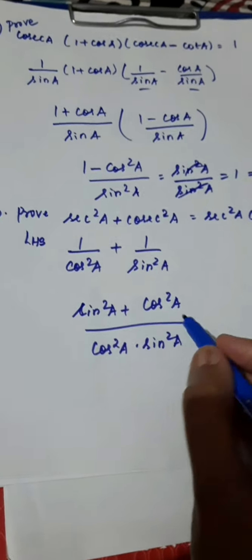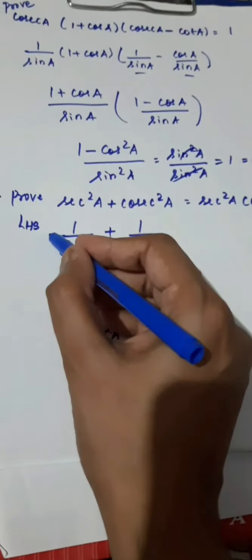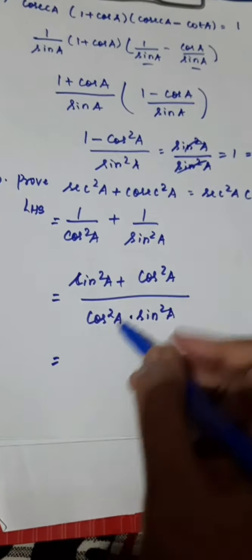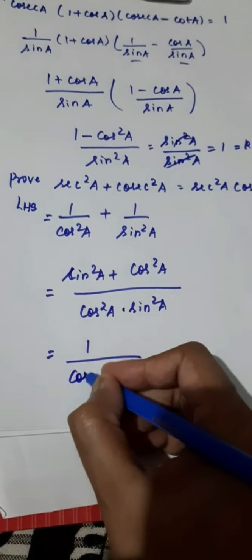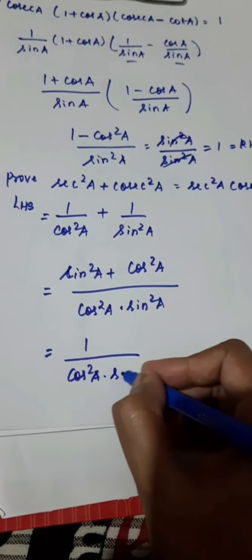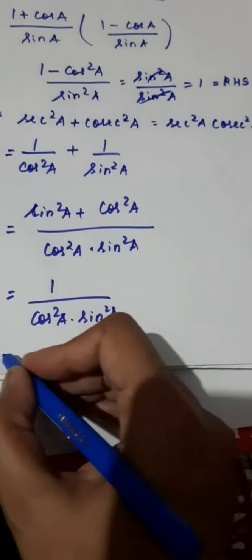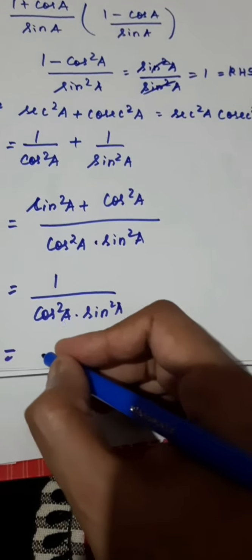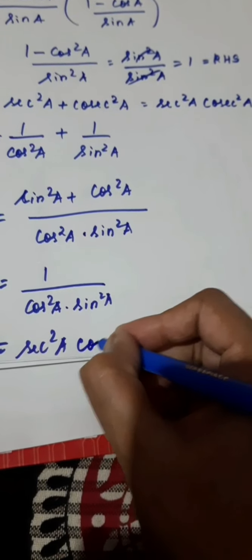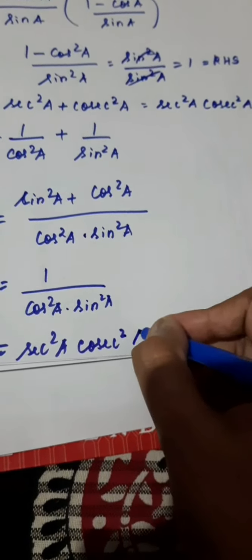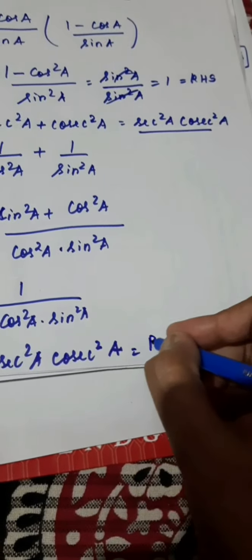And we know the numerator sin square A plus cos square A is 1 as per Pythagorean identity. It's 1 by cos square A into sin square A, which again can be written as, for reciprocal identity, secant square A into cosecant square A. So just by knowing few identities, we can solve this exercise very easily.